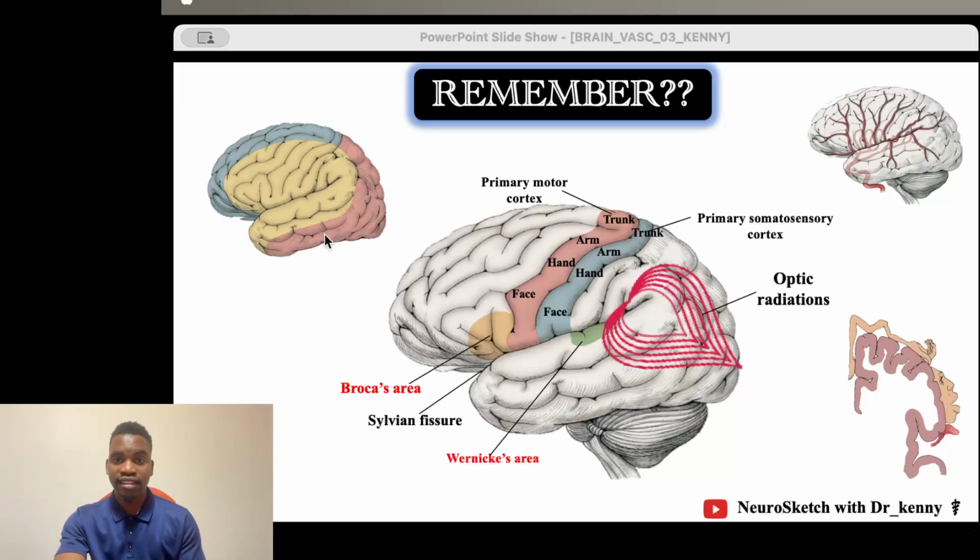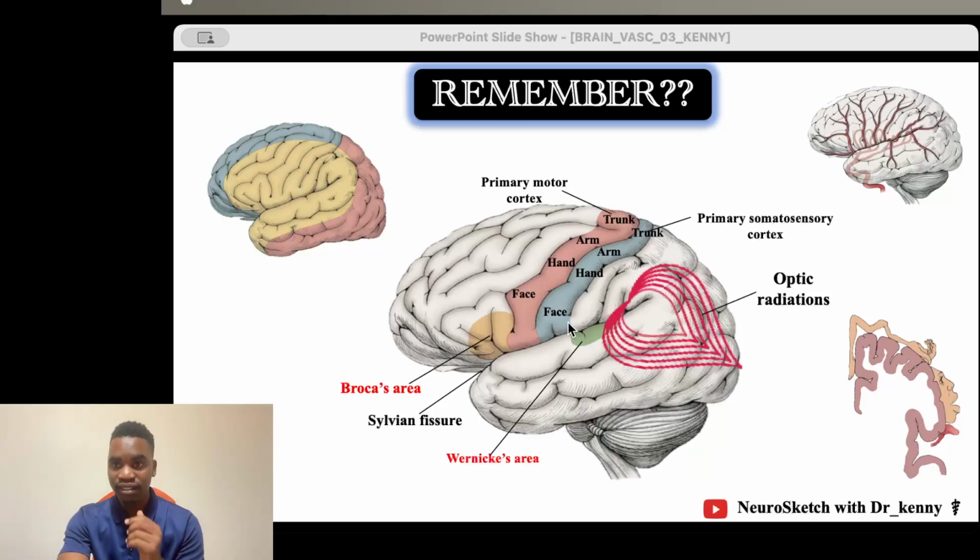We know that the extent of the middle cerebral artery will supply this yellowish part here. So if we have damage to the middle cerebral artery, depending on the branch affected, whether it's a stem infarct, we have all these parts affected.